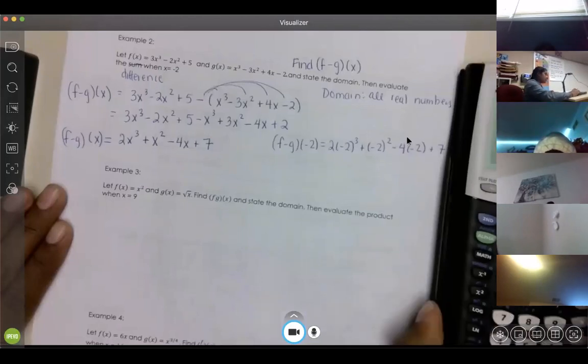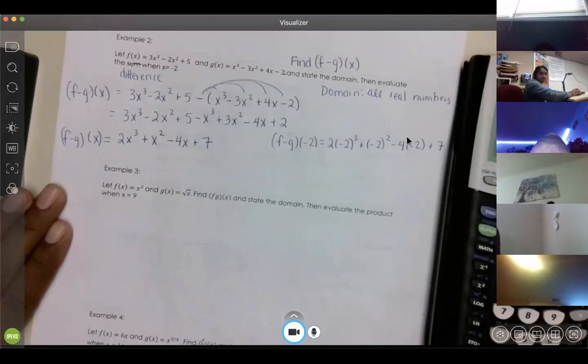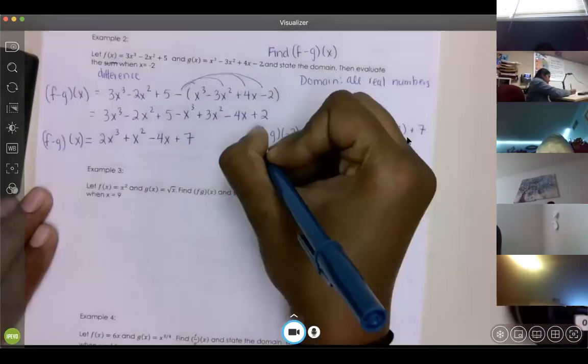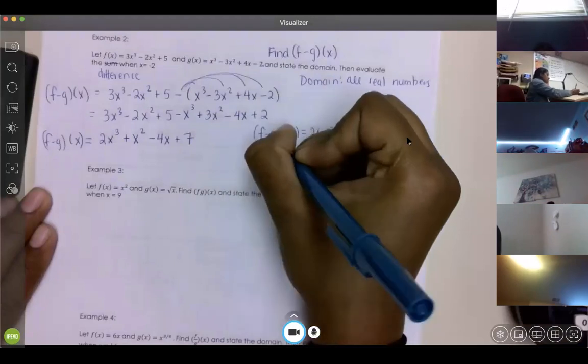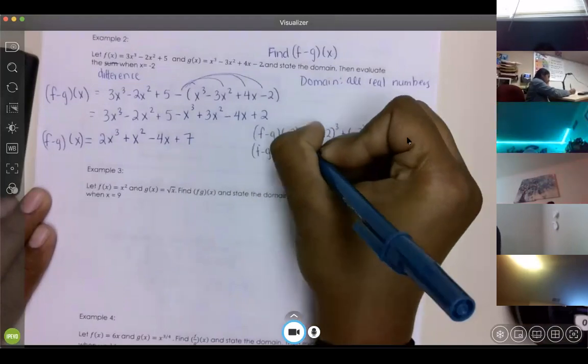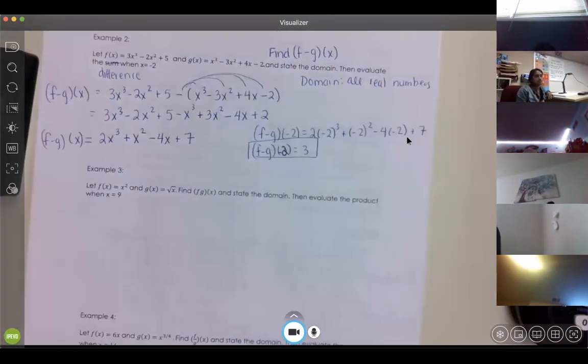And that equals 3. So f minus g of -2 is equal to 3. Any questions about that one?